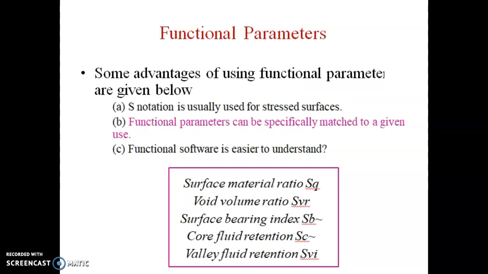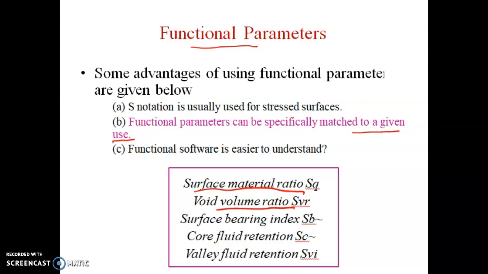Next are the functional parameters. Functional parameters are parameters that can be specifically matched to a given use or function of the parts. Some examples are surface material ratio, then void volume ratio, that is Svr.